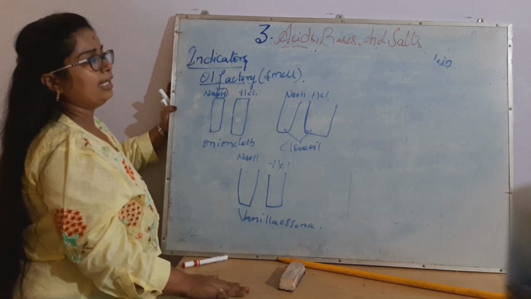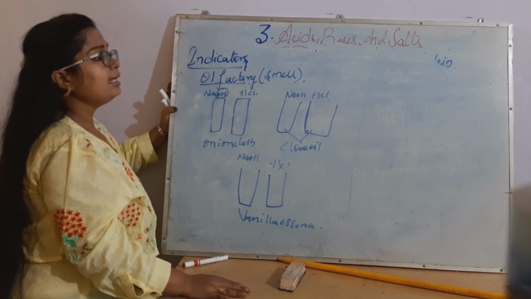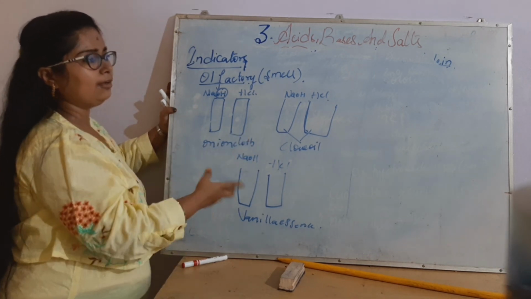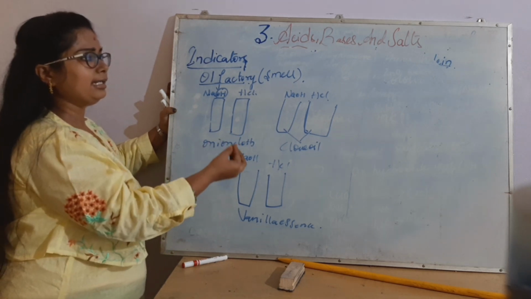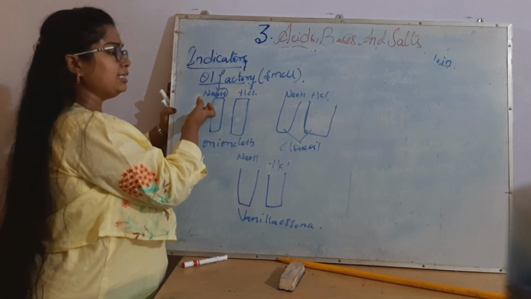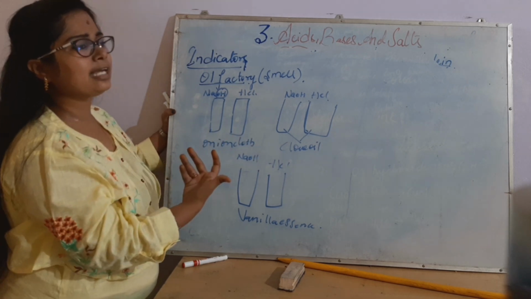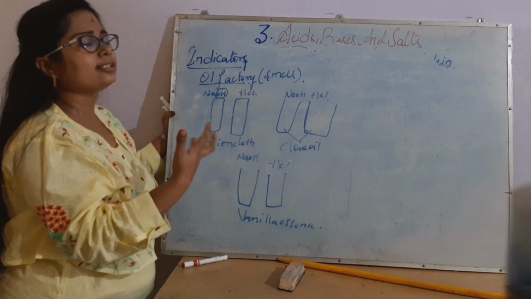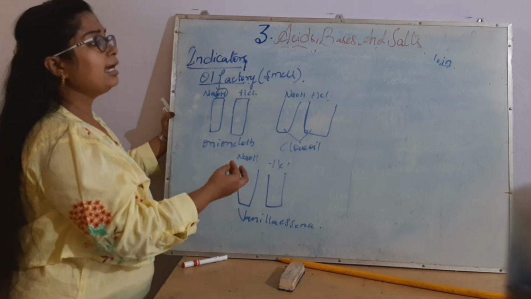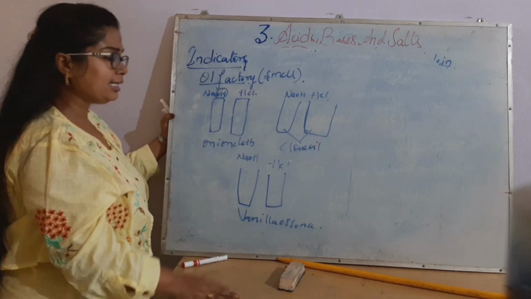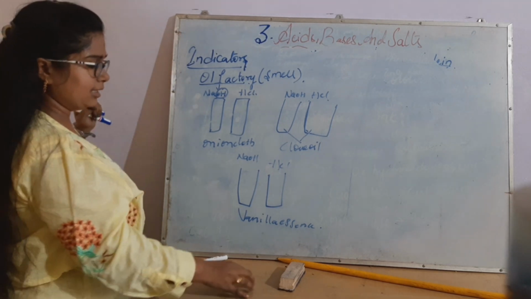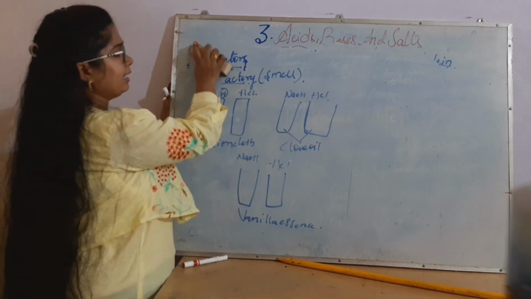So these indicators change when a base is added and do not change when an acid is added, which means they indicate whether the substance is an acid or a base. Those are olfactory indicators.